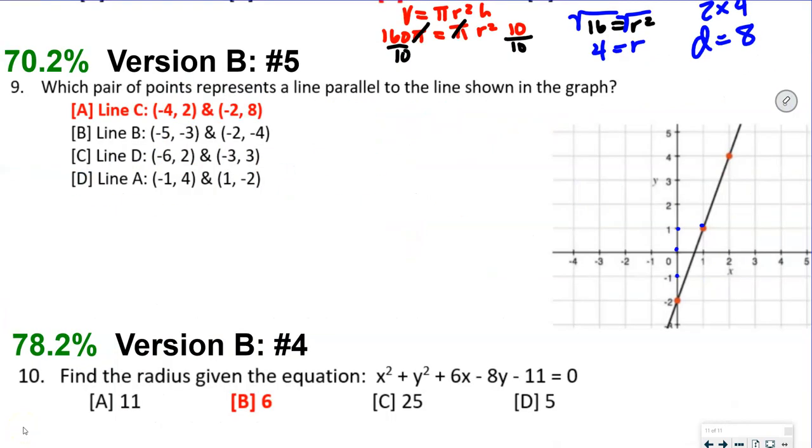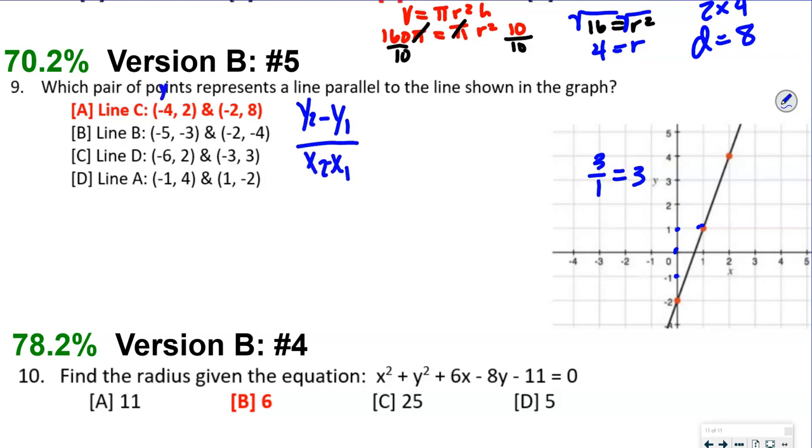Number 9 says which pair of points represents a line parallel to the line shown in the graph. So we're going to find the slope here. So we're going to go up 1, 2, 3, and over 1. So 3 over 1 is equal to 3. So let's go ahead and try this with our slope formula. So this is going to be y2 minus y1 over x2 minus x1, right?